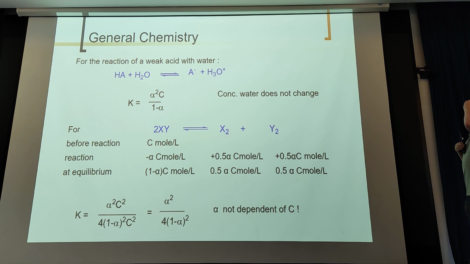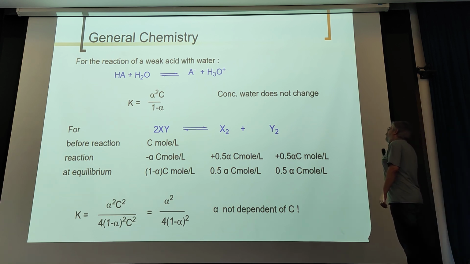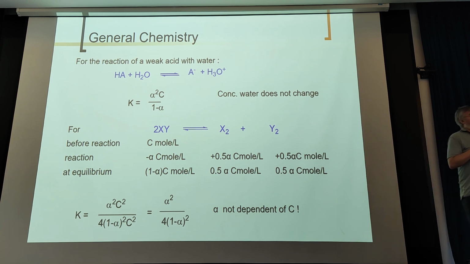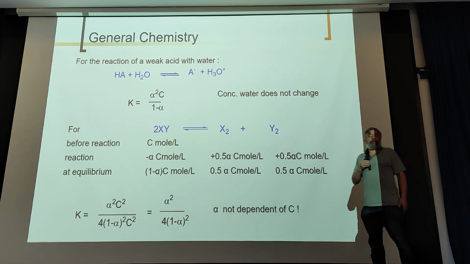This does not always have to be concentration dependent. Here we have an example where it isn't. This is the reaction of a weak acid with water. Partially, the weak acid, HA, gives its proton to the water. This is something that we will look at in detail in the next chapter. Now, you can do the same.